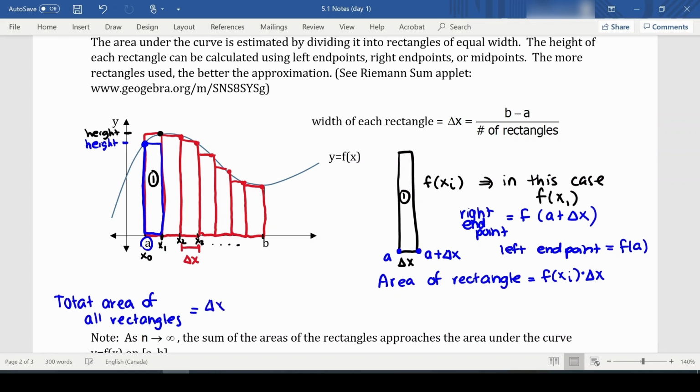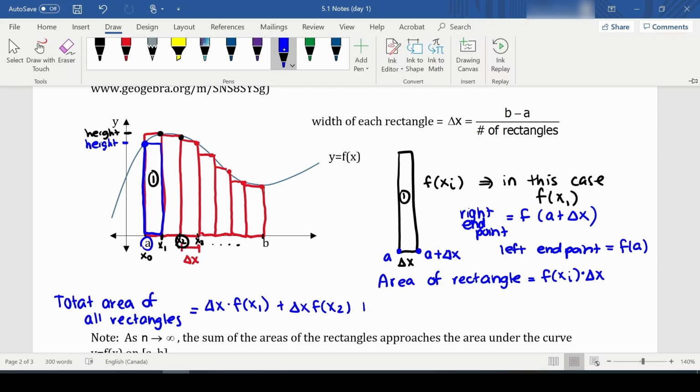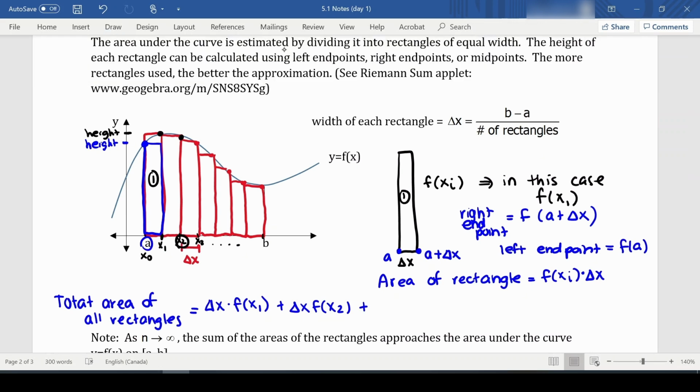So this would be delta x times f of x1, because we're on our right endpoints here, plus delta x times f of x2, because in this case, my height here, or my second rectangle here, would be f of x2, plus delta x times f of x3, etc., all the way up to delta x times f of xn. And b would be xn.